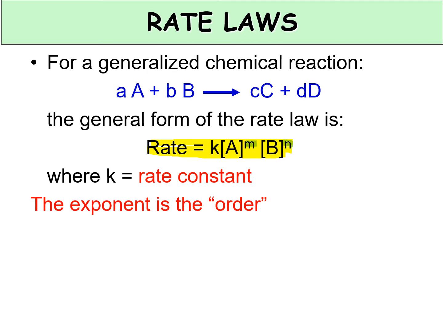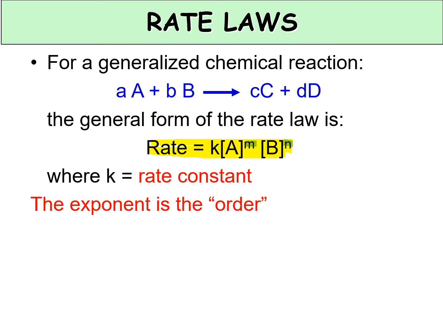Okay, so m and n are the two exponents, and depending on the number we get, the role of the concentration of A and the concentration of B is going to be different. For example, if m, the exponent for A, is 1, the consequence is that if I have twice as much A, the rate is also going to be twice as big.